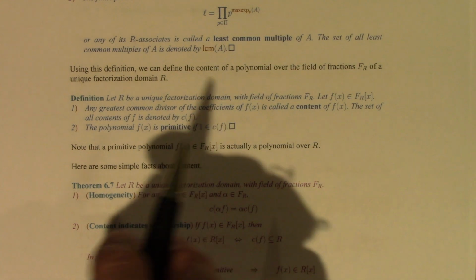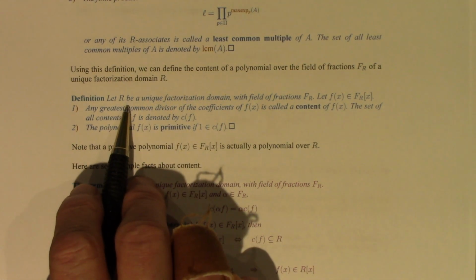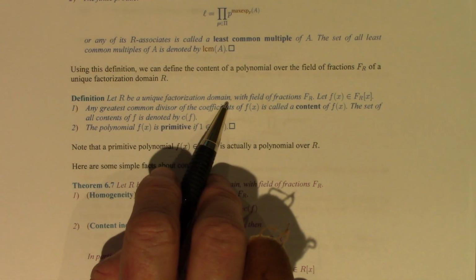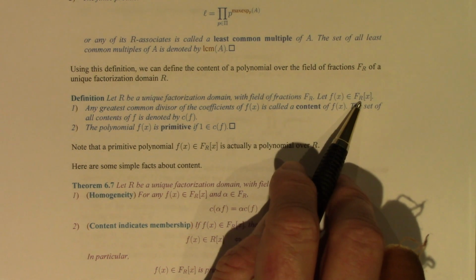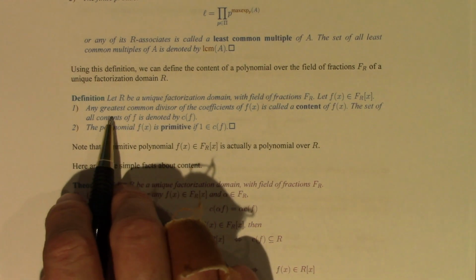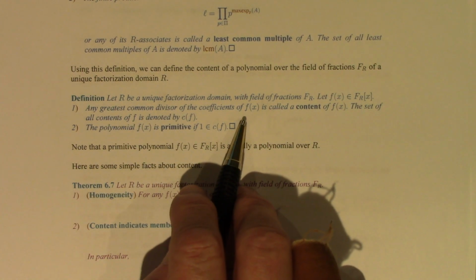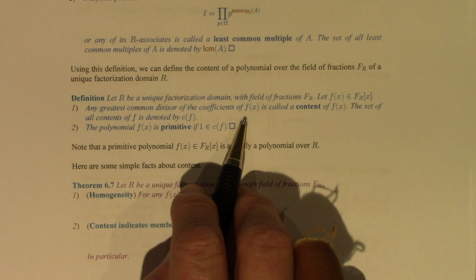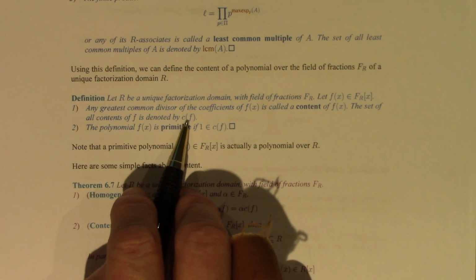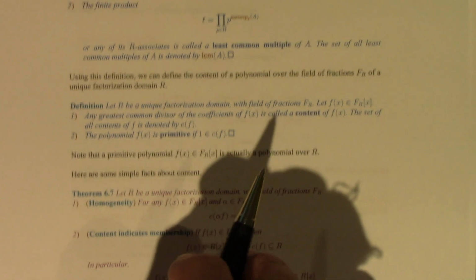And now we can define the content. Let U be a unique factorization domain. Let f of x be a polynomial over the field of fractions. Any greatest common divisor of the coefficients of f is called a content of f, and the set of contents of f, again, will be denoted by c of f.